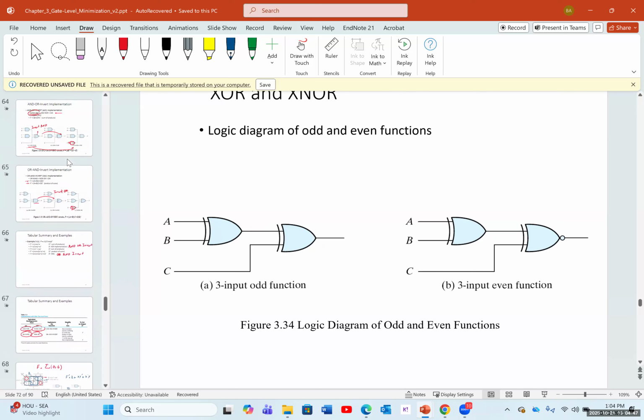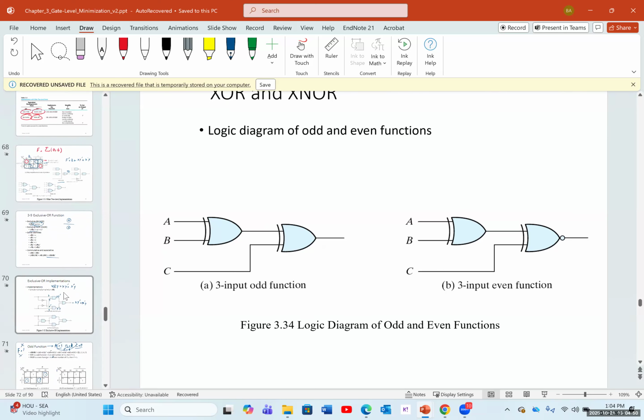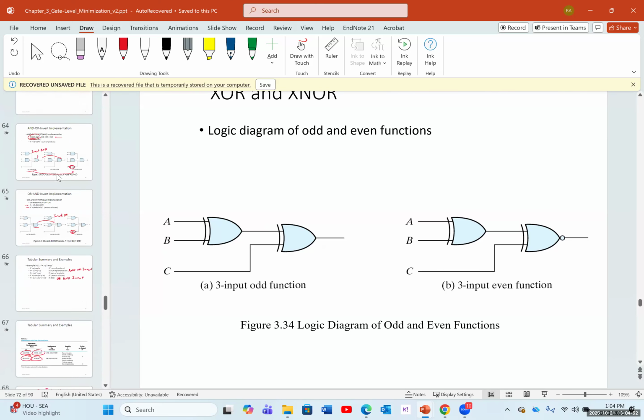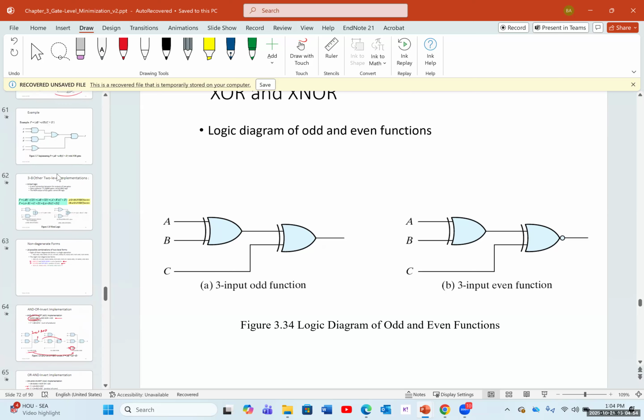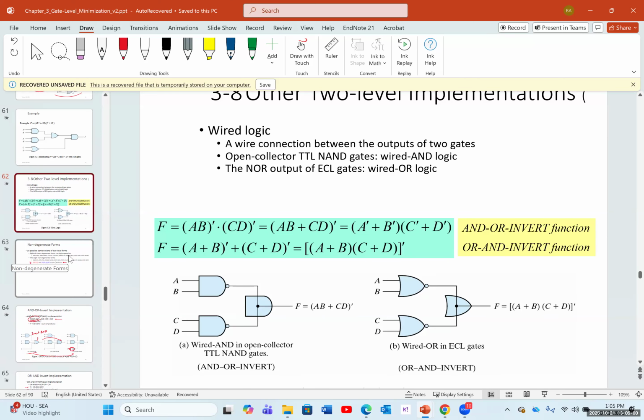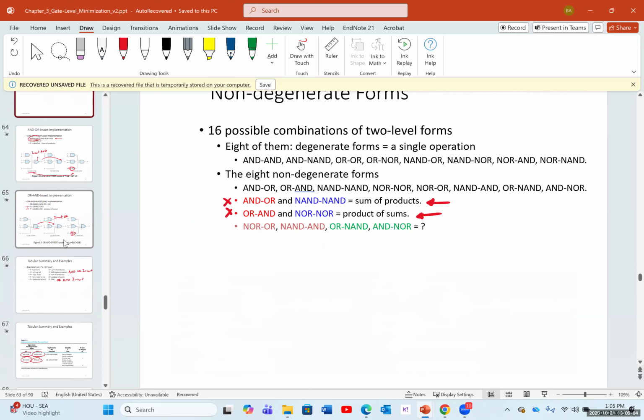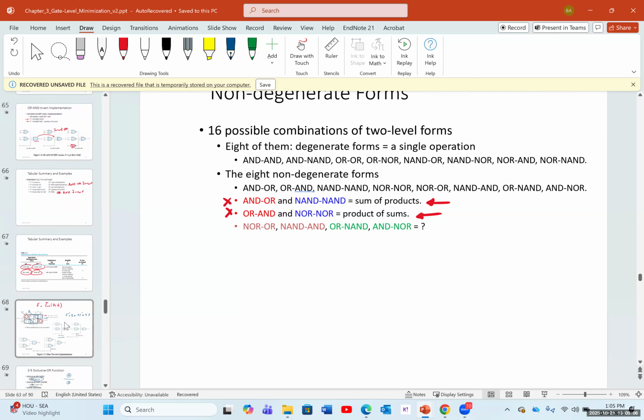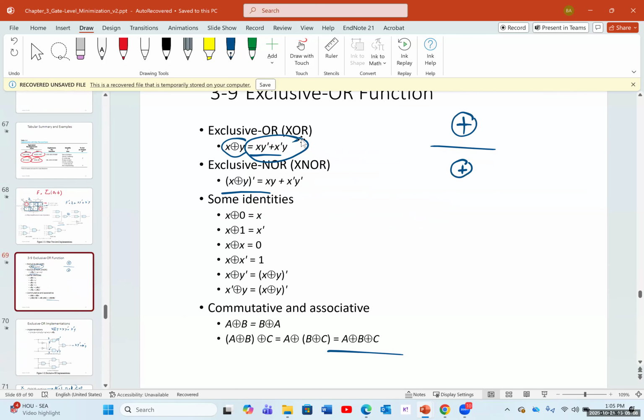For the even and odd function, by the way, we finished the general logic gates like the NOR and NAND and different combinations, and how we can produce other logic gates with the NOR and NAND. And for the even and odd functions, we had the exclusive OR and the exclusive NOR.